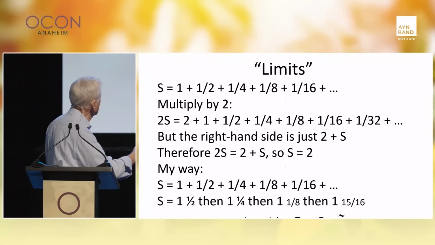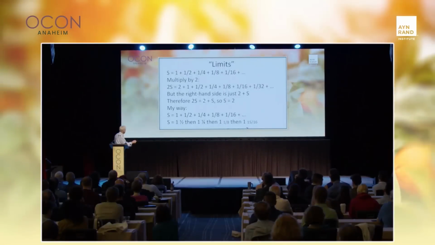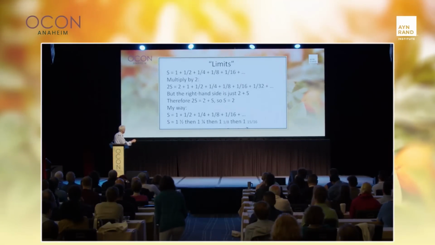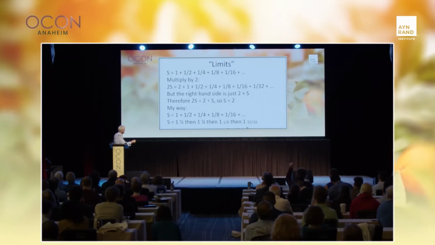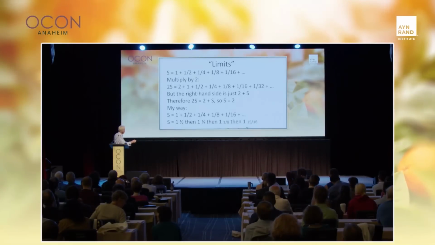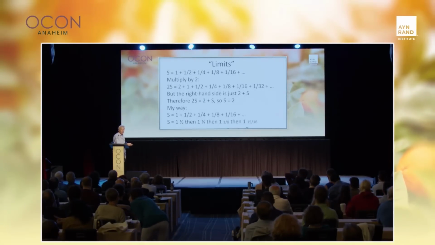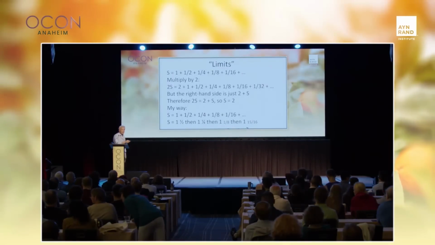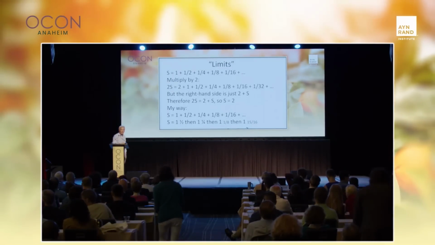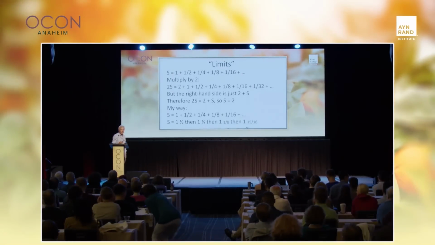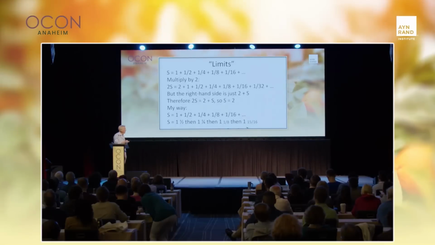Multiplying it by 2 just sticks a 2 in front of it. So 2 times the series equals 2 plus the series. So if you subtract s from each side, you get s, the sum, equals 2. Cute. Now you really understand something, right? No, it gives you no understanding whatsoever.